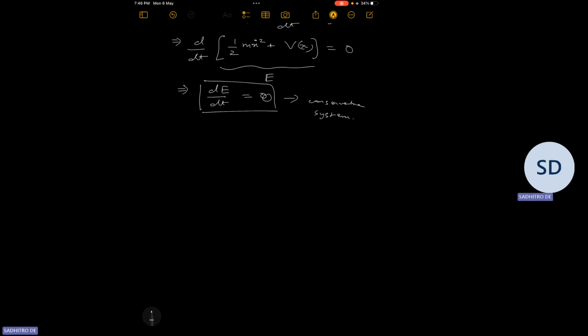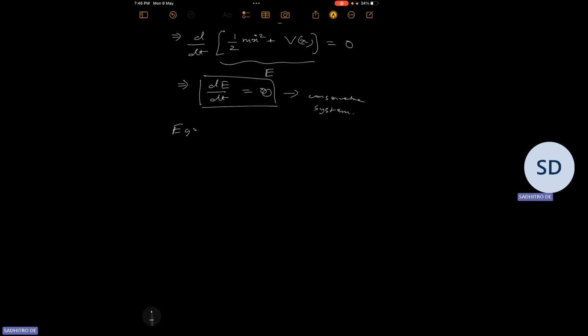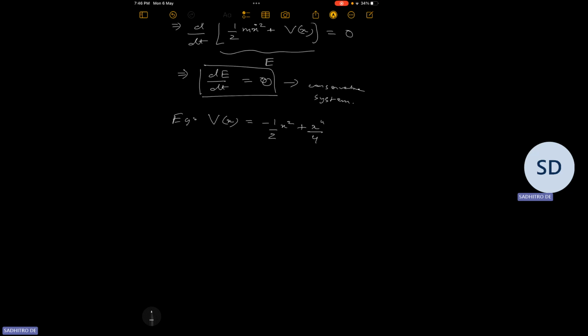So suppose, for example, you consider the potential V of x to have the form of this, then the equation of motion can be written as this.